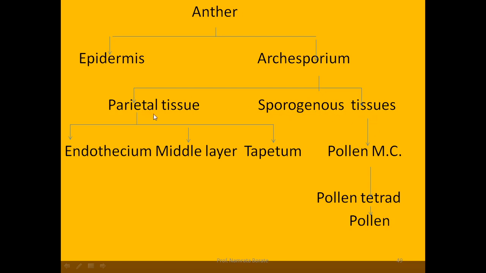The cells of the outer parietal layer again divide periclinally and anticlinally and form the endothecium, middle layers and tapetum.